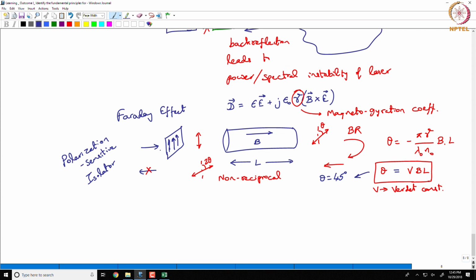So, half the power would be lost right at the polarizer, the front end itself, right. So, then that sort of thing would be lossy. So, what you would need in that case is a polarization insensitive isolator.